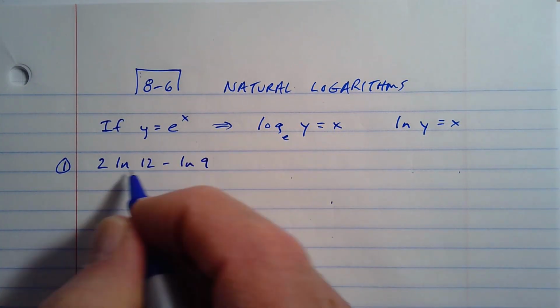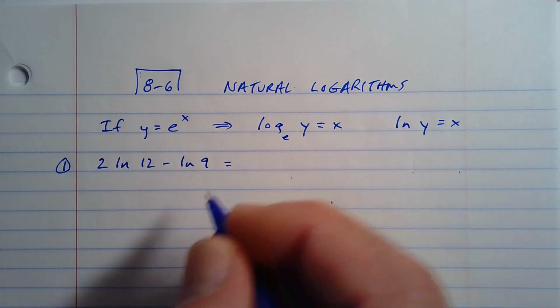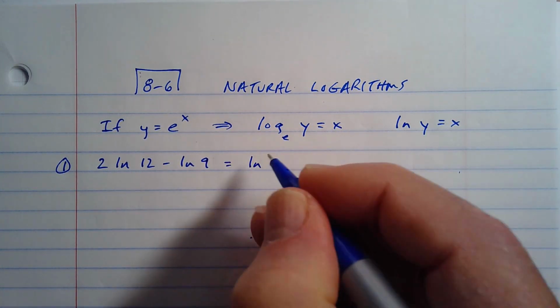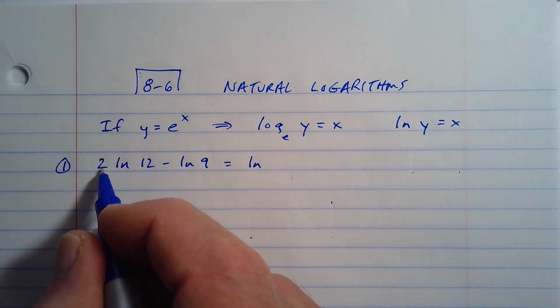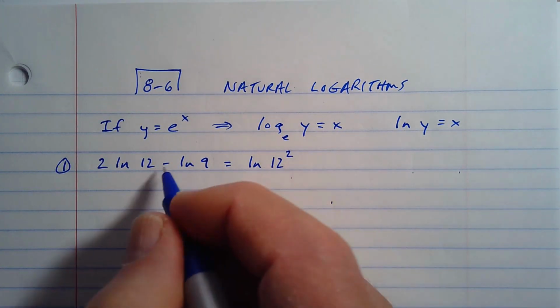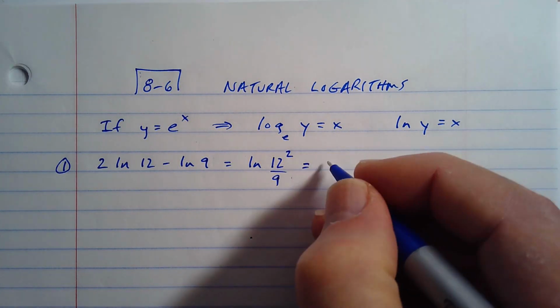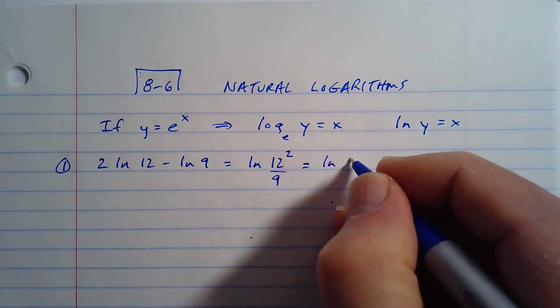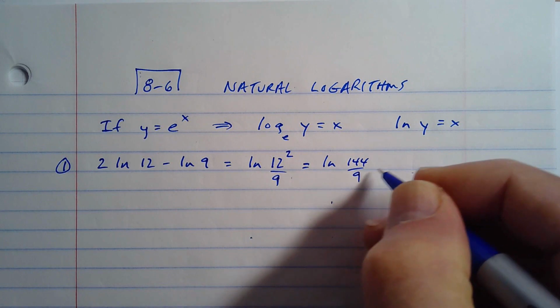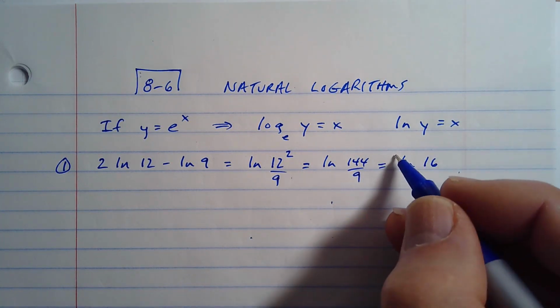We got 2 times the natural log of 12, subtract natural log of 9, and we're asked to make that into one logarithmic expression. So when it's multiplication out here, that's the same thing as 12 squared, and then minus, that's going to be over 9. And then we can simplify this. 12 squared is 144 divided by 9. Final answer gives us natural log of 16.